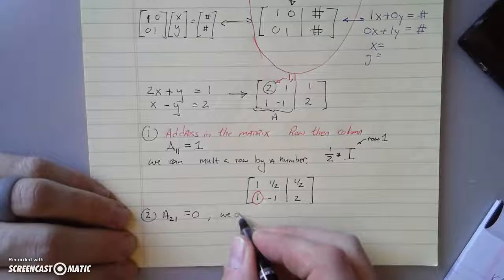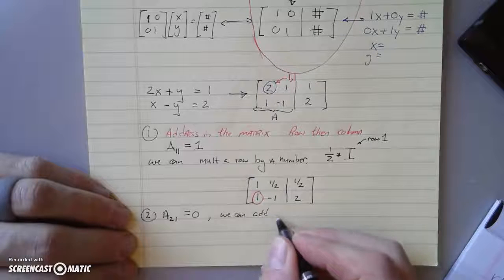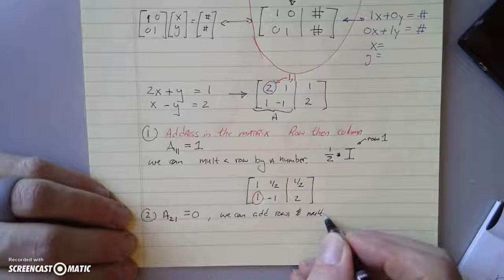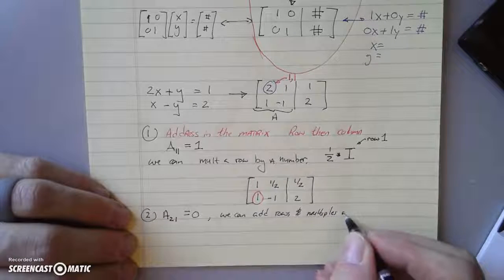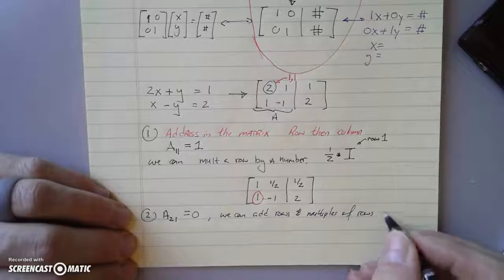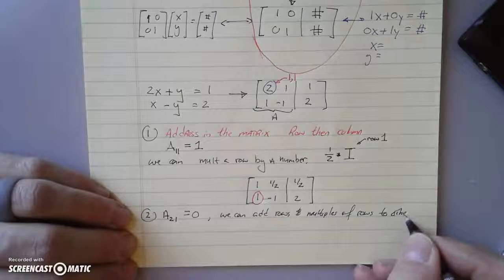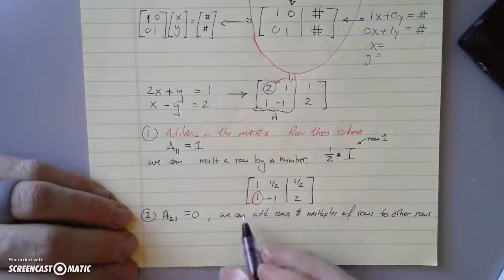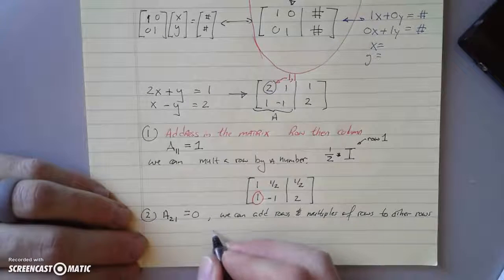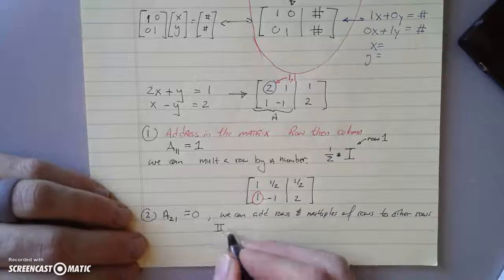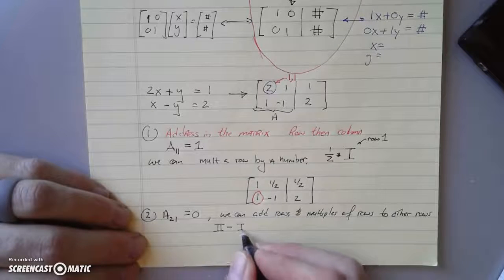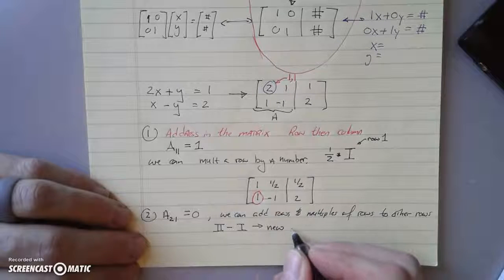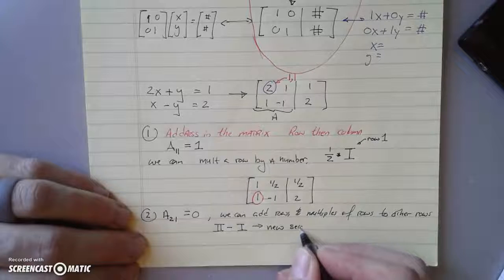So we can add rows and multiples of rows to other rows. What I'm going to do here is take the second row minus the first row, and this will be the new second row.